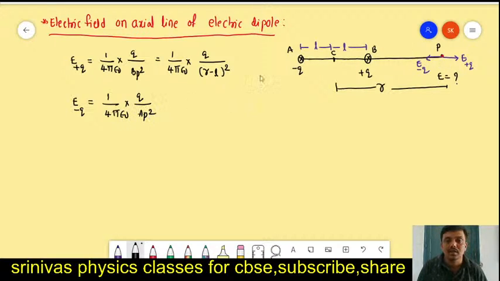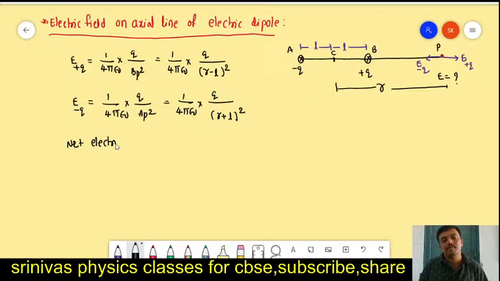AP is AC plus CP. AC is L and CP is r, so we write r plus L. Since r minus L is less, E plus q is more. The net electric field I want.